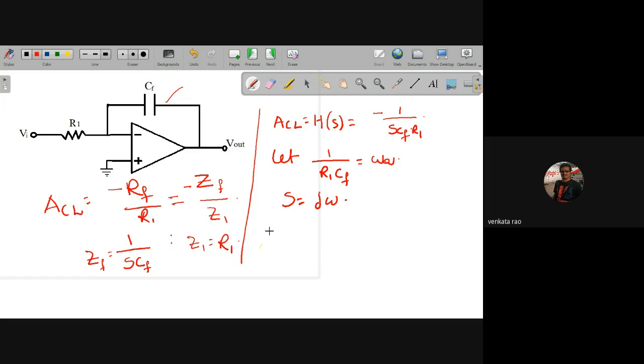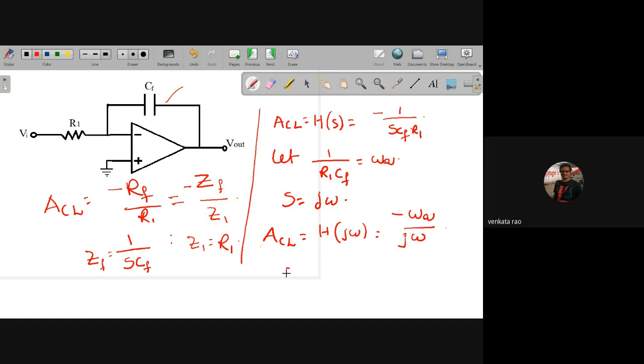Now substitute values. Closed loop gain or transfer function is equal to minus 1 by R1 CF, which is nothing but omega A, by j omega.